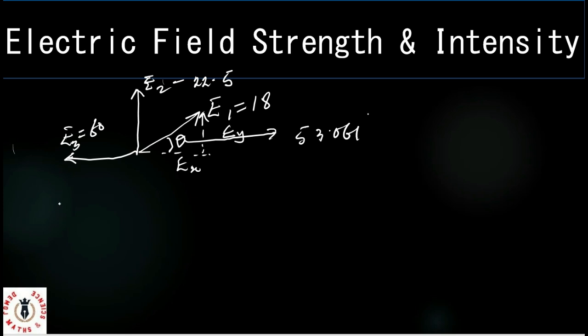This is theta, the same thing as 53.061. Now my EX is the same thing as 18, that's E1 cos 53.061. If you put this in my calculator, that will be 10.817.